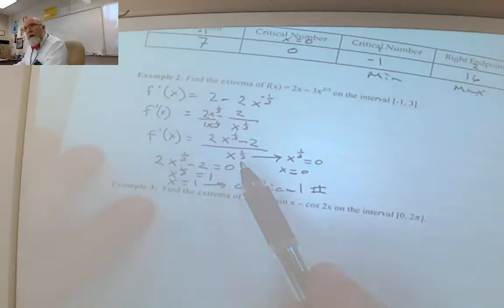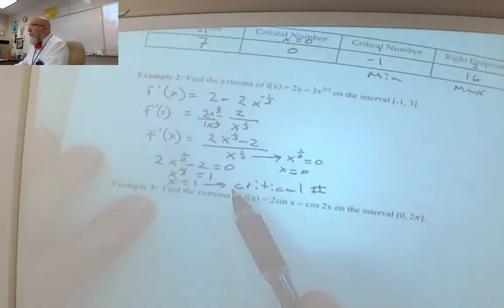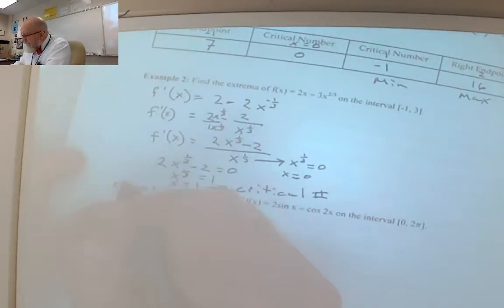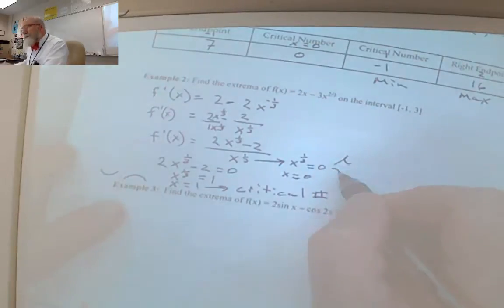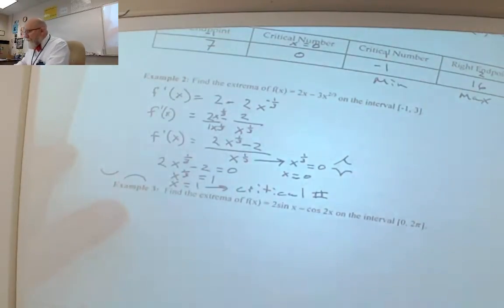Sharp points come from the denominator. Smooth points. You know what I mean by smooth? This is smooth. This is smooth. This is sharp. This is sharp. Smooth points come from the numerator.